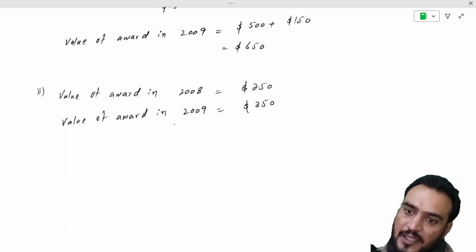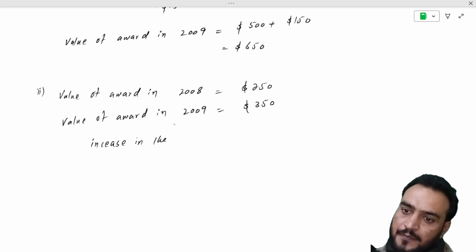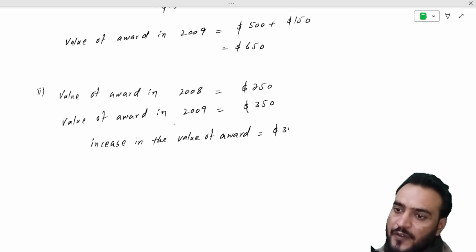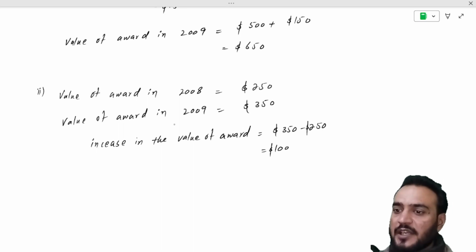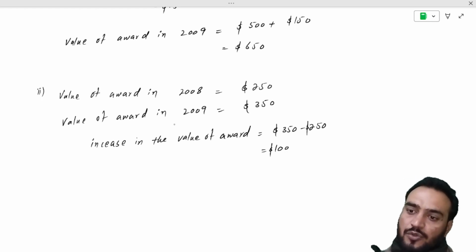So the increase in the value of award is $350 minus $250, which is $100. So this was the increase in the value of award from 2008 to 2009 for primary 4 students.